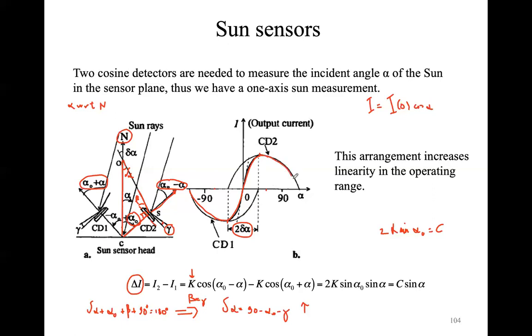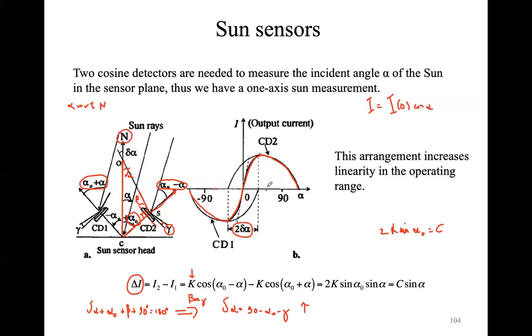So in the angles between delta alpha and minus delta alpha, you have an approximate linear trend of the current response to the inclination of the sun. But you can see here that when you are at angles larger than delta alpha and lower than minus delta alpha, you have indeed larger errors.